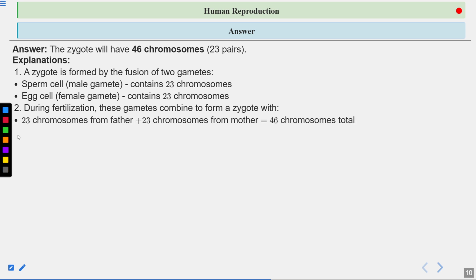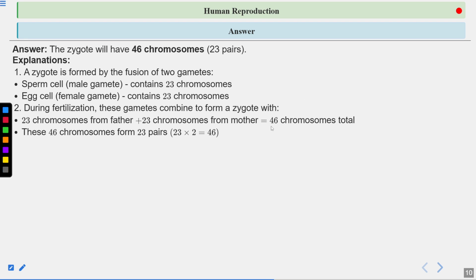So 23 chromosomes will be coming from father, 23 chromosomes will be coming from mother. So in total, 46 chromosomes are present in the zygote. So you can say the genetic material of father and mother is combining together to form the diploid zygote.